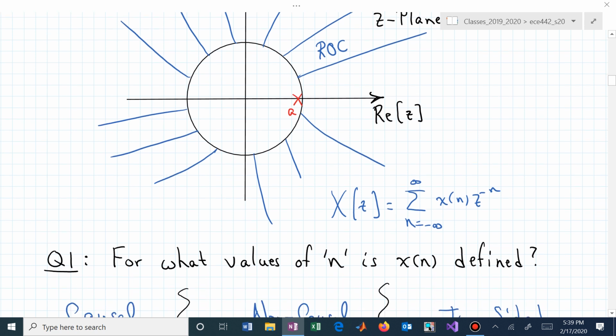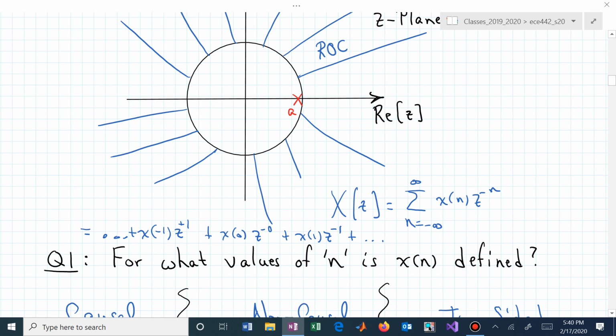I would just start writing, and you'll want to on your exam. This is why you want to write on your exam. You would write dot, dot, dot, plus x of minus 1, z to the plus 1, plus x of 0, plus x of 1, z to the minus 1, and so on.